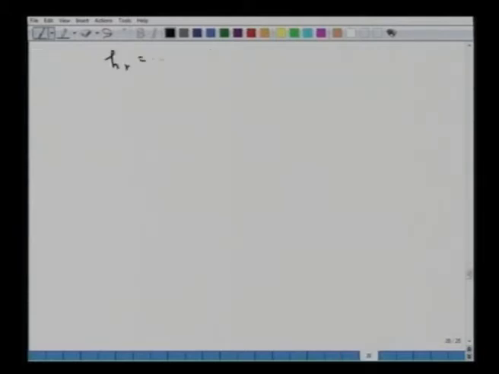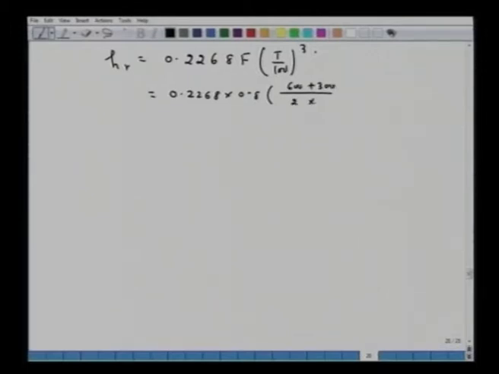So, HR is equal to 0.2268 F into (T upon 100) to the power cube. If we substitute all these values, T is the average temperature. So, 0.2268, F is 0.8 and T is (600 plus 300) by 2, into 100 power cube.